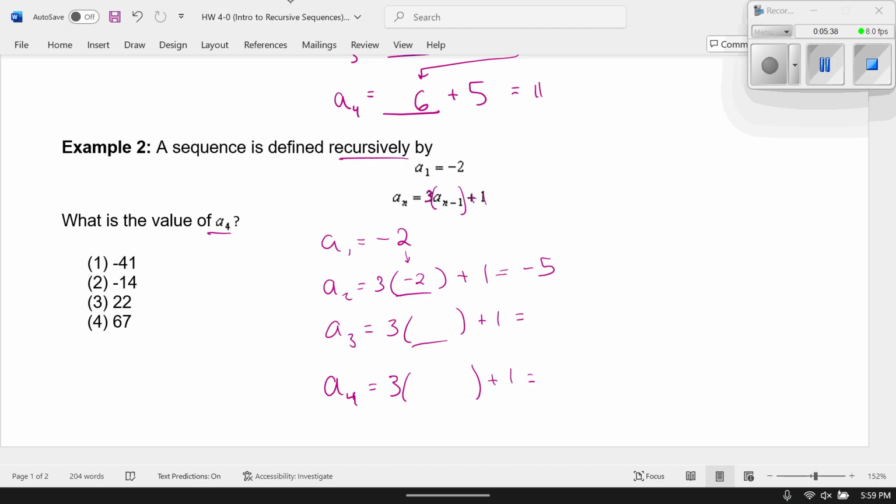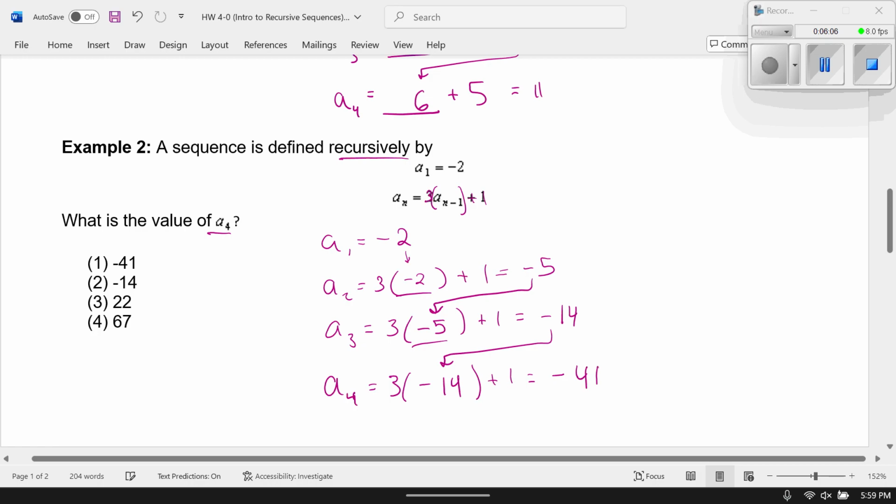The third term is 3 times the previous plus 1. What came before this? -5. So 3 times -5 plus 1 is -14. The next term is 3 times the previous, which was -14, plus 1. Now I believe that's -42 plus 1 is -41.